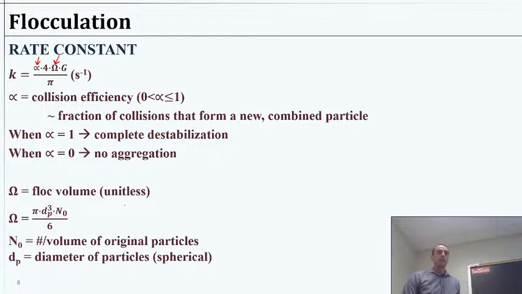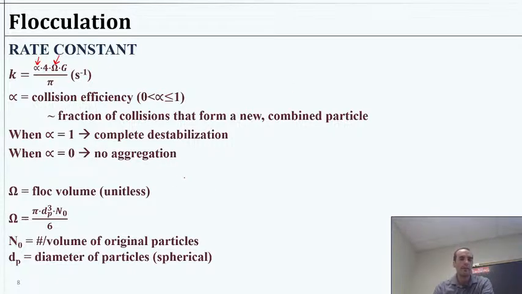And then this omega term is what we call the flock volume. This is an interesting parameter because we call it volume, but it's actually unitless. Because what we're really saying is it's the volume concentration, or the volume occupied by the particles given some volume of water. So this is not actually flock volume.